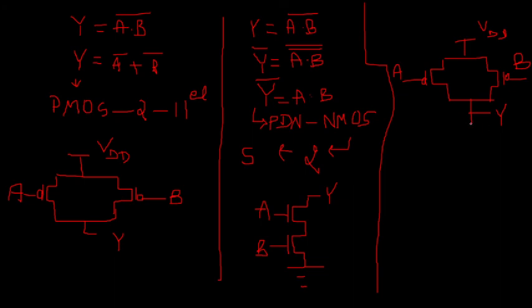So this output will not change. It cannot be Y bar. It will be Y, because you are starting with the equation of Y, and here it will be A and B, connected to ground. So this is your final CMOS implementation of the 2 input NAND gate.